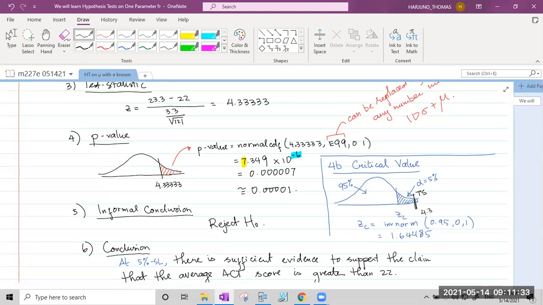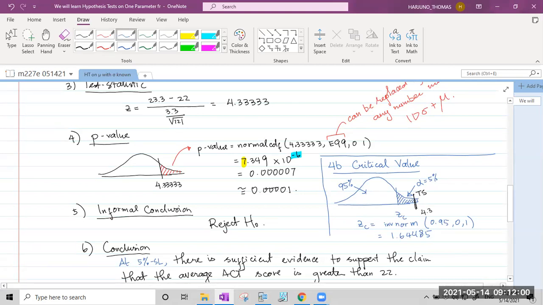Once we used the TI-83, 84, we just did the p-value method. Starting from this winter, 2021, I taught my students to learn both, even though in the test they just need to do either p-value or critical value. But I always want p-value. You give me critical value, I will penalize you on the p-value.